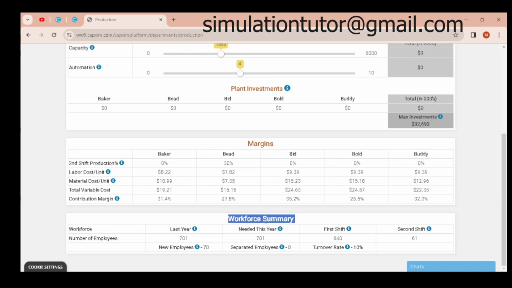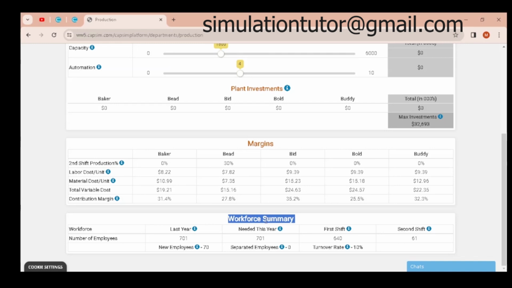Lastly, we have something called the workforce summary, and the workforce summary from round 3 will be under human resource, and it simply explains to us the number of employees that we have. Should we increase the employees or the workers?